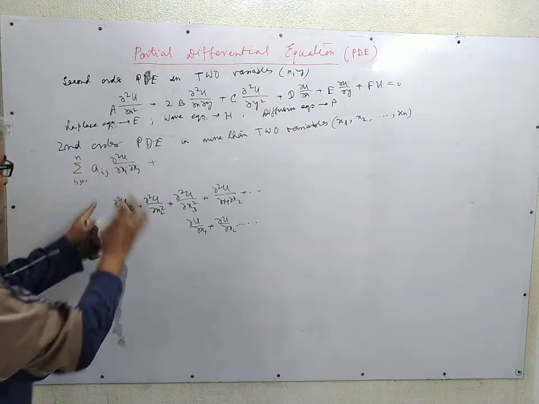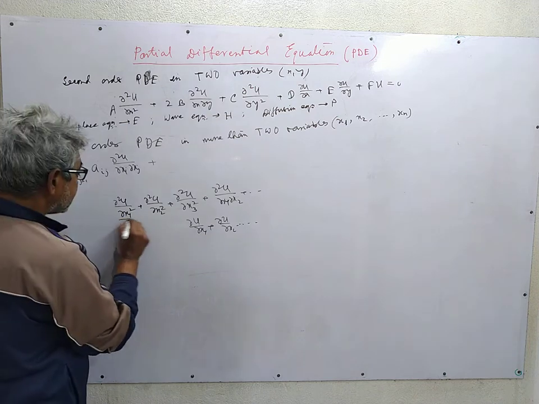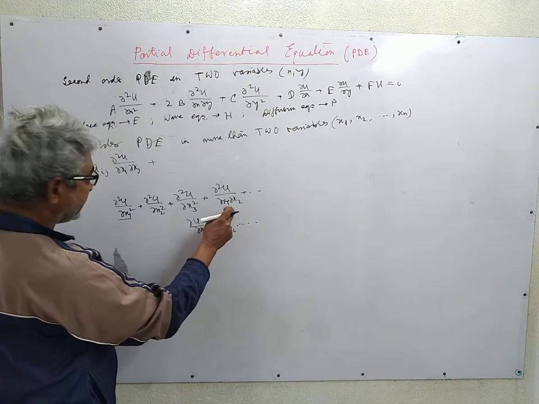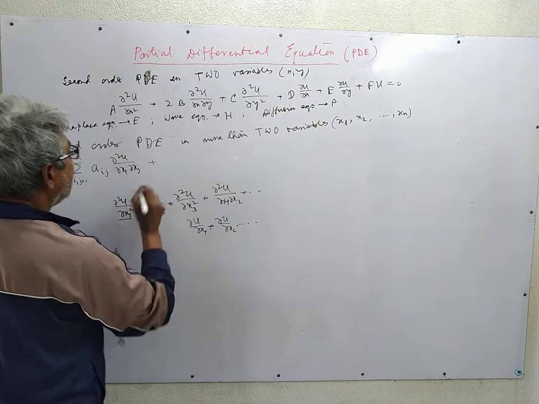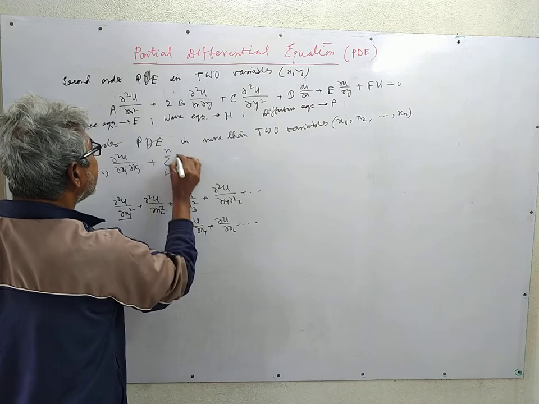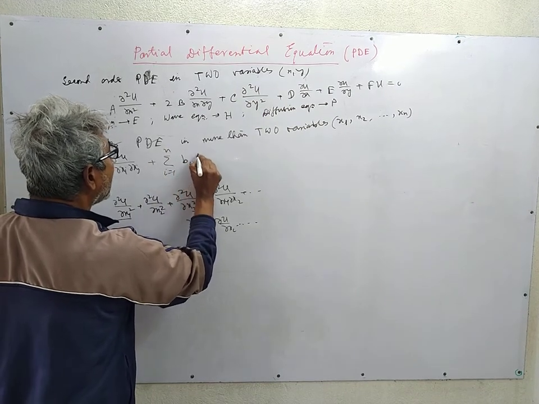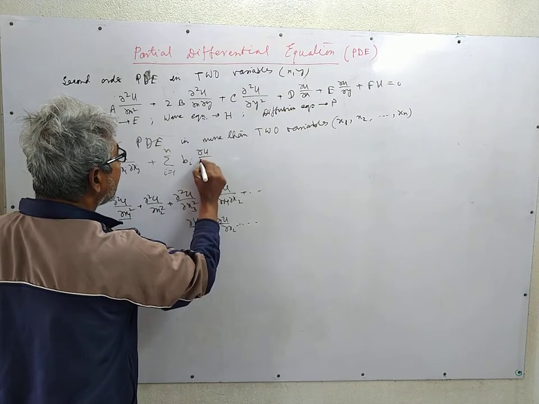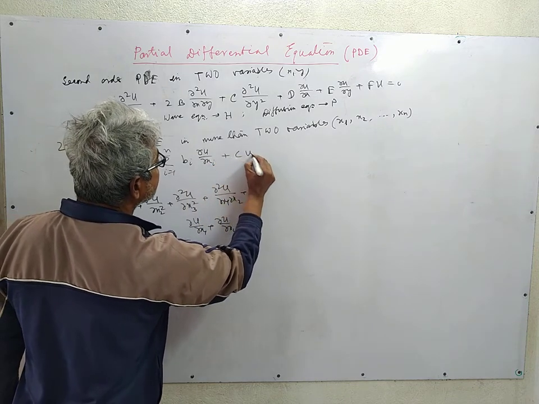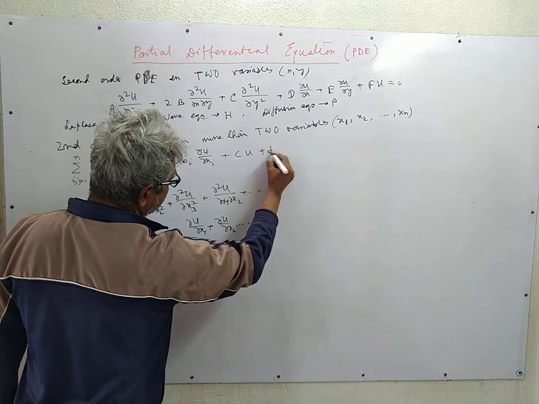This involves the second derivative terms such that this is 1 1, this is 2 2, this term is 1 2, i is equal to 1, j is equal to 2, etc.